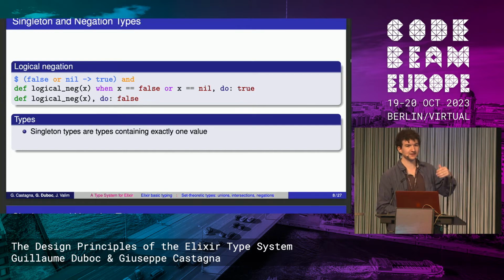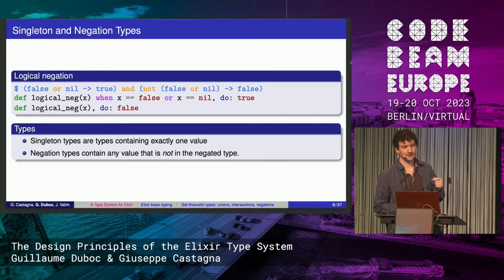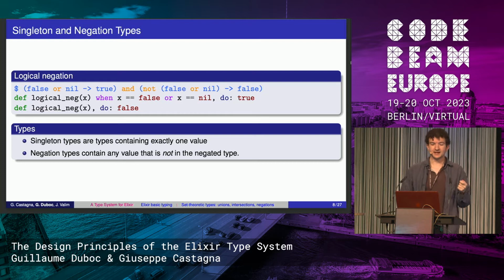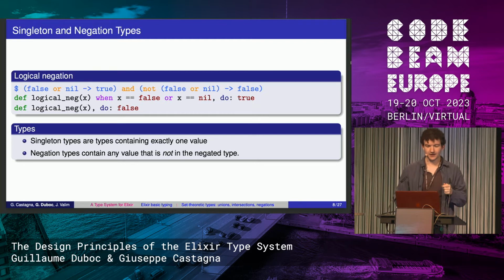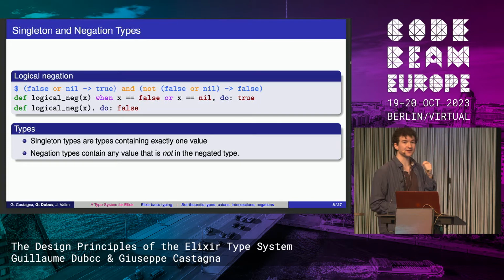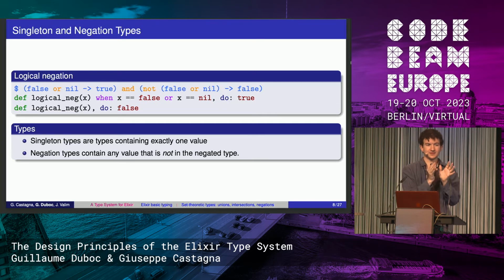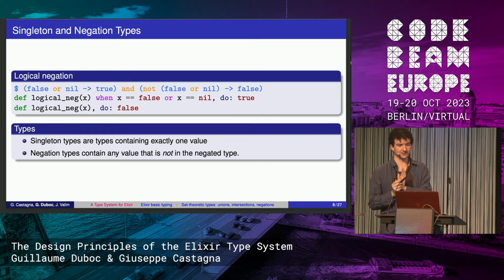This type represents the first clause, and then the second clause tells you that when x is anything but the atoms false or nil, you return false. So we have this negation type, not false or nil, and this type represents any value that is not false or nil.